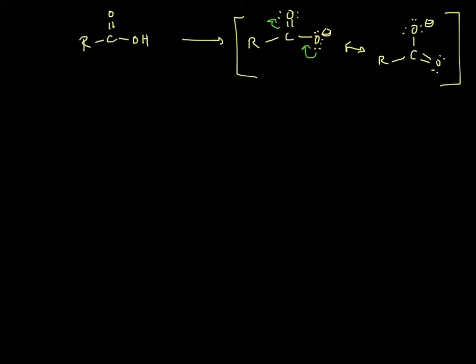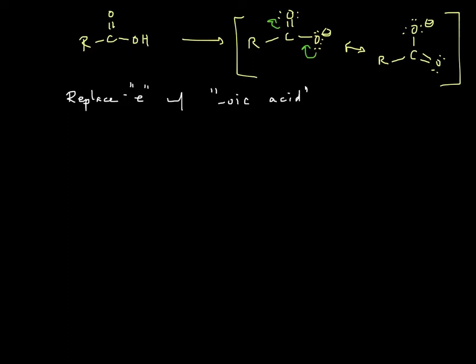The way that you name a carboxylic acid is you drop the last E at the end of the word, and you replace it with oic acid. Two words.